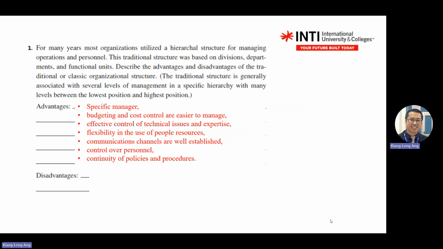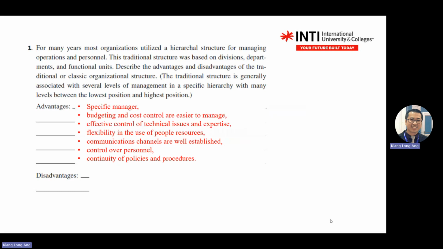And you're still reporting on the four main project success keywords: cost, time, quality, and customer requirement. So you talk about cost. It's easier to manage, and you have effective control of technical expertise. So you have a very specific department to go to.